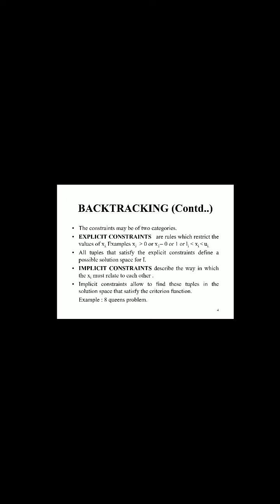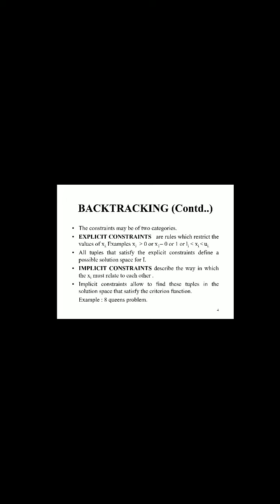So this is the explicit constraint for the n queen problem, and implicit constraints describe the way in which the xi must relate to each other. So how must xi relate to each other? For n queen problems, two xi values must not be same.